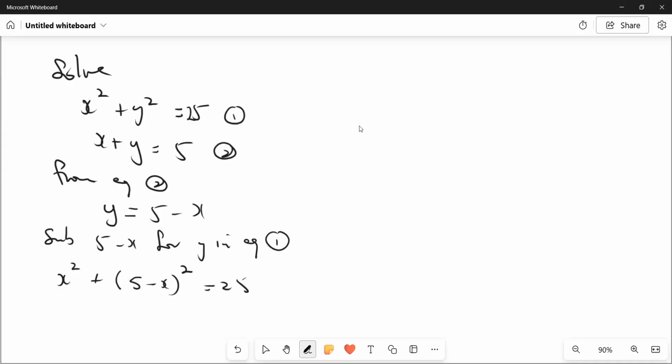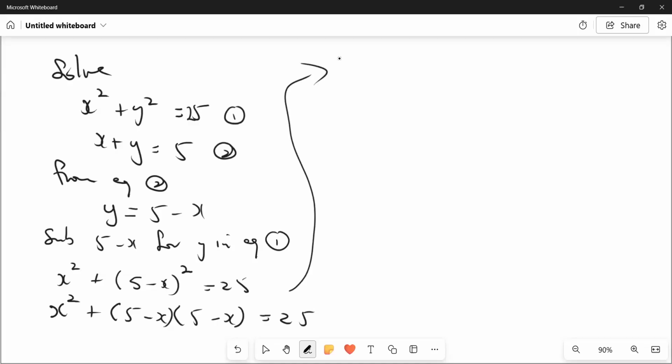So let's do that. We're going to remove the bracket here. What will we get? We'll get x squared plus 5 minus x times 5 minus x, equal to 25. I'll put back x squared there and expand this now. 5 by 5 is 25. 5 by minus x gives you minus 5x.